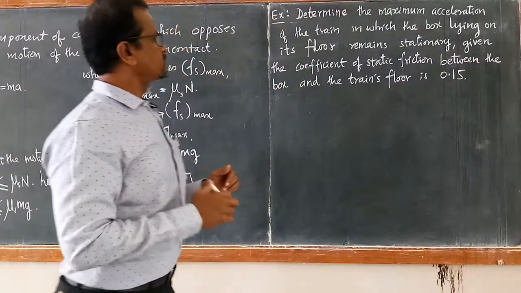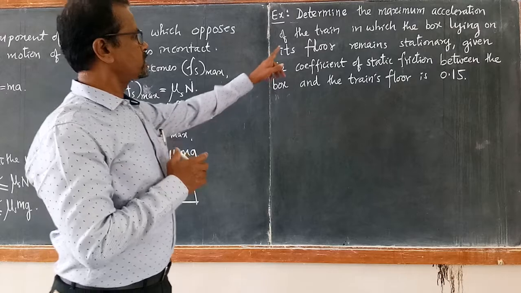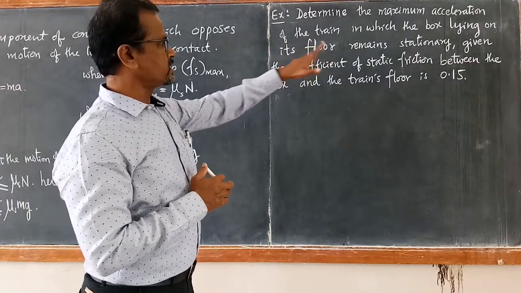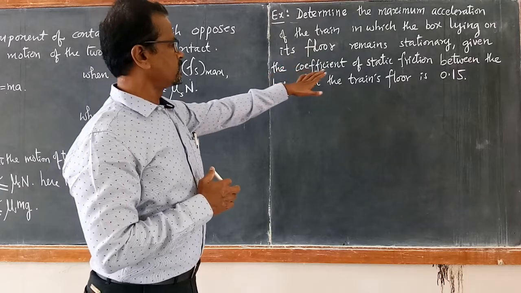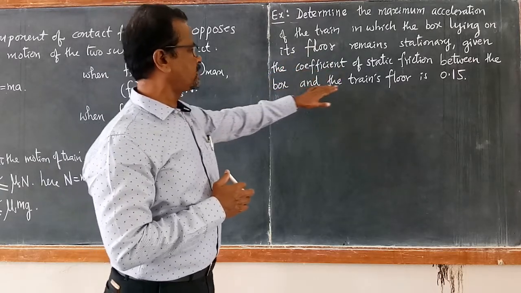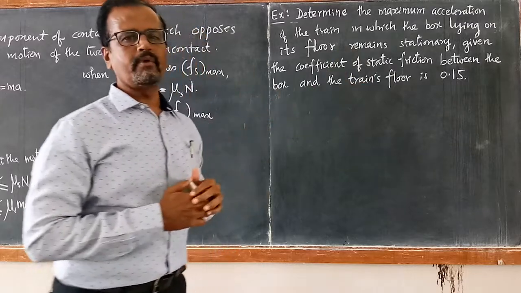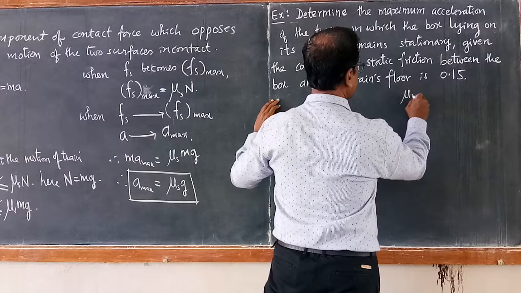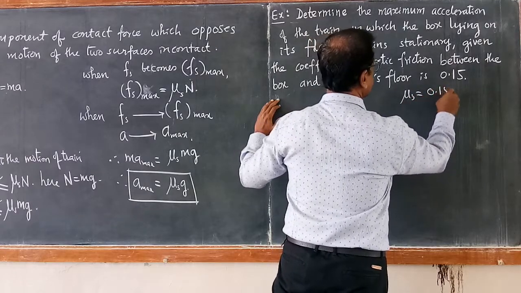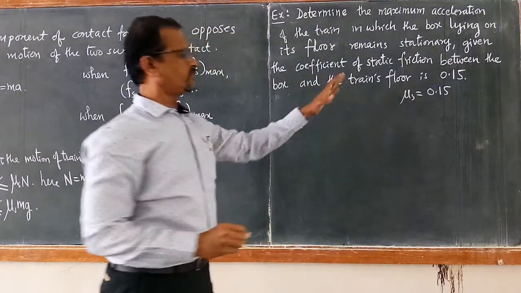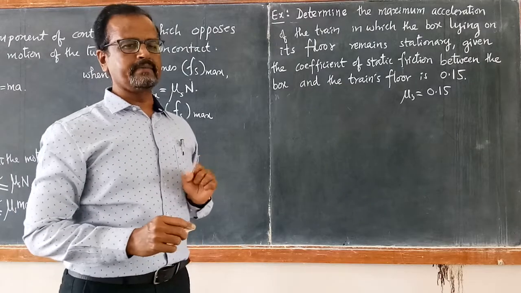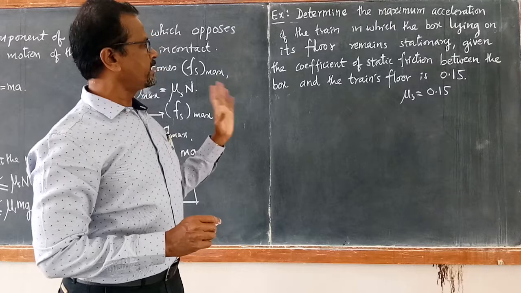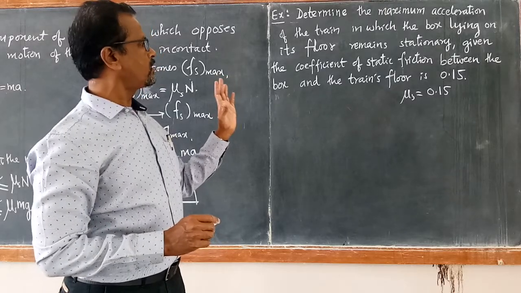Determine the maximum acceleration of the train in which a box lying on its floor remains stationary, given the coefficient of static friction between the box and the train's floor is 0.15. It is given. And what should be the maximum acceleration of the train in which the box lying on the floor remains stationary?